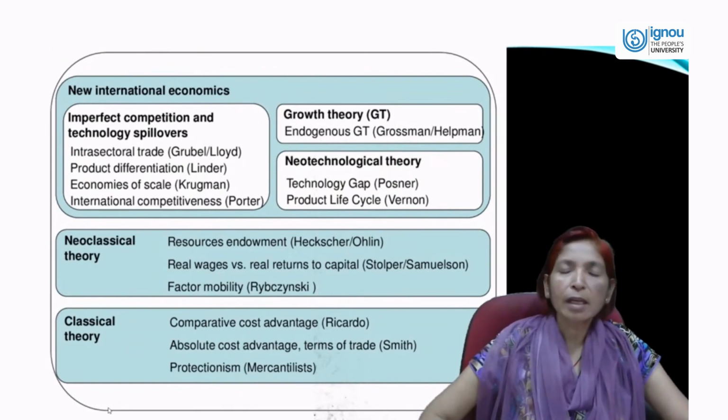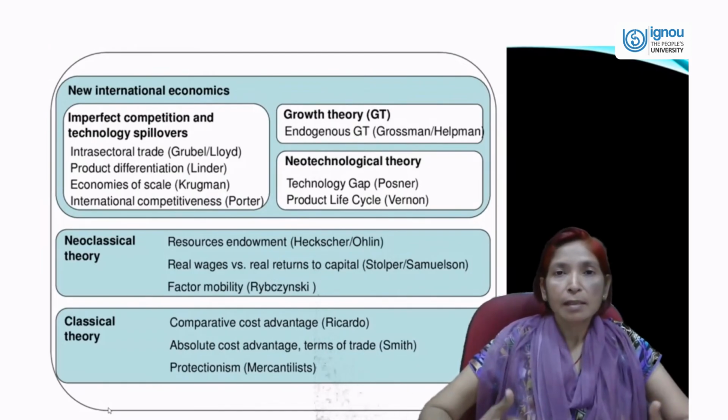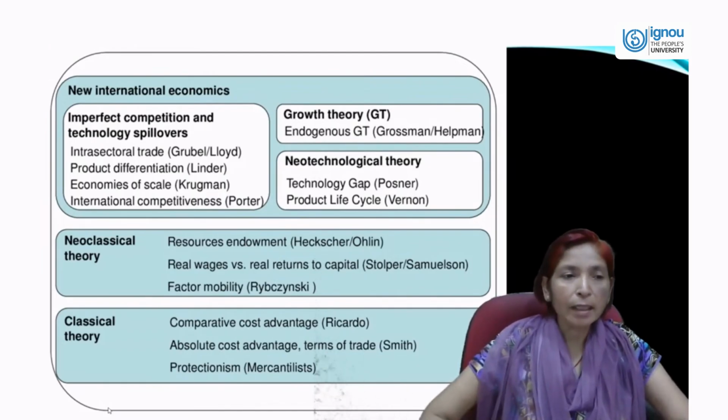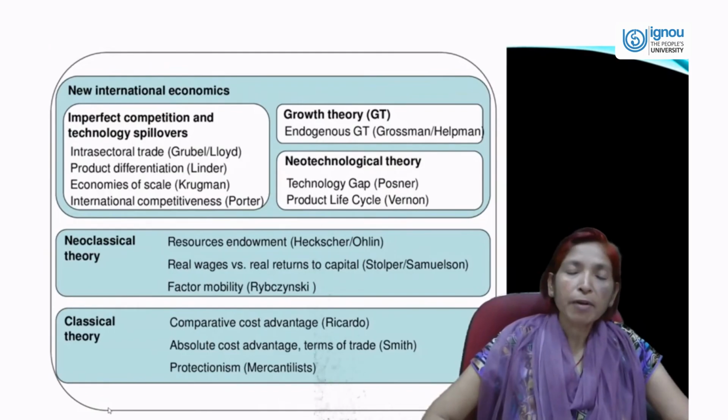They want to sell more and more products in different countries, and they want to engage in their business activities in a larger quantity. So at present, an imperfect competition market exists and we can see technological spillover effects.